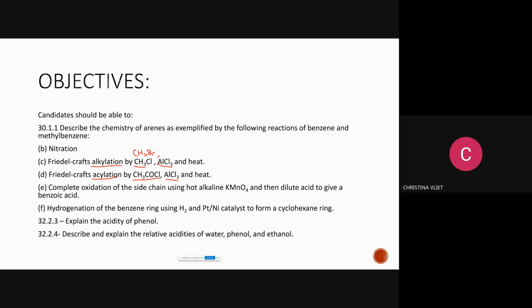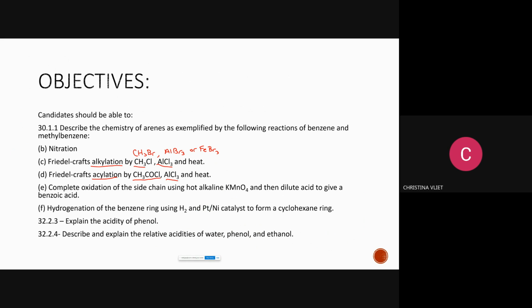If it was CH3Br instead of CH3Cl, AlBr3. And instead of using aluminum, what is the other variant of the catalyst? Like, what is the other metal we could use? Fe, right? So they're showing you the one with aluminum, but you could easily do Fe instead, and the same thing.